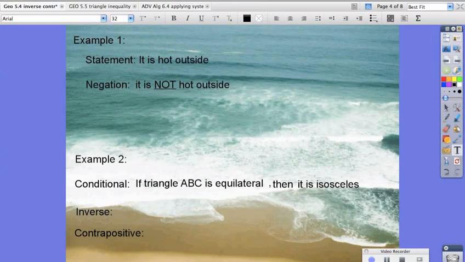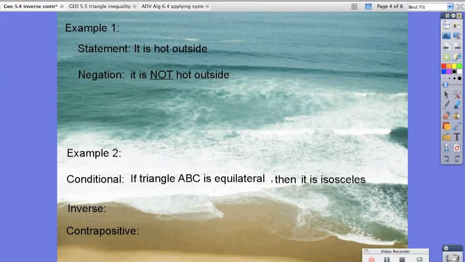Now, example 2 is a little bit more complex. We have the conditional, and they want us to write the inverse and the contrapositive. What I've done here is written this statement separately: if triangle ABC is equilateral, then it is isosceles. So here's how we do it.